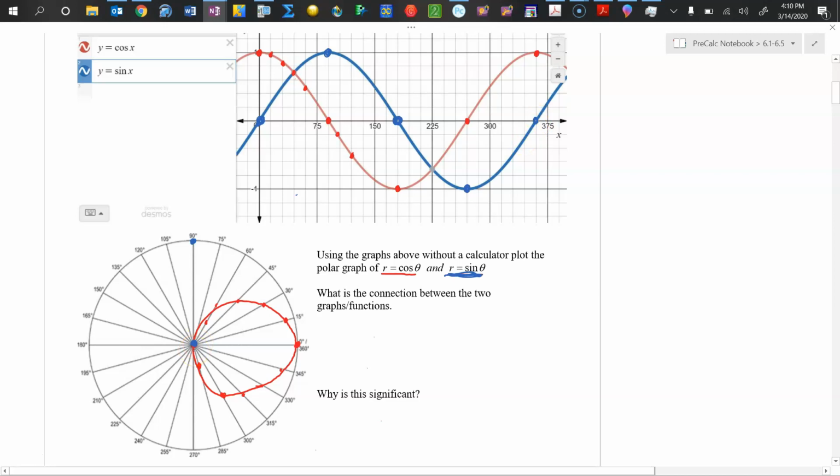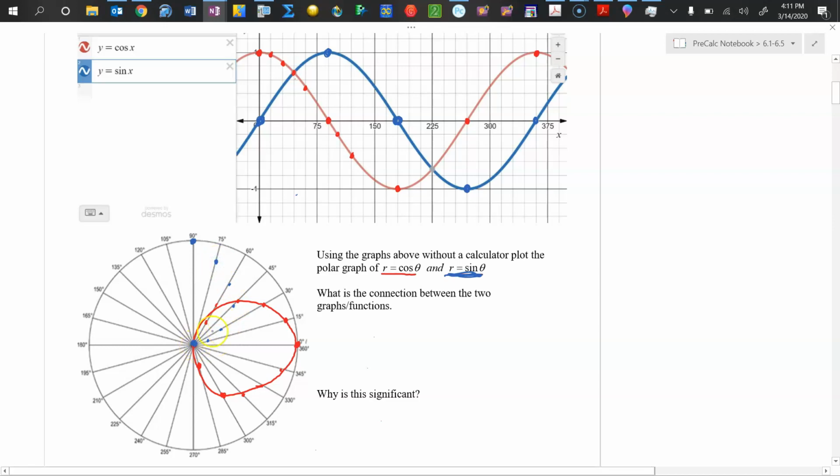Well, we can do the same thing that we did with the cosine function with the sine function. So let's take a look at what happens to the sine function in the Cartesian coordinate system between 0 and 90 degrees. What we see is that the same way that the cosine function was decreasing on that interval, the sine function is increasing on that interval up to a maximum of 1. So as you can imagine, we start plotting points every 15 degrees, and we're going to get points that are getting further and further away from the pole.